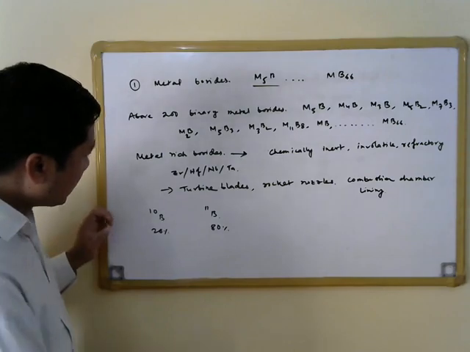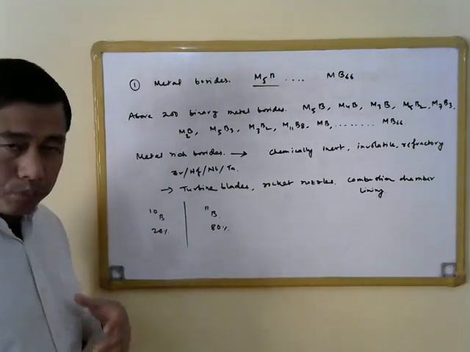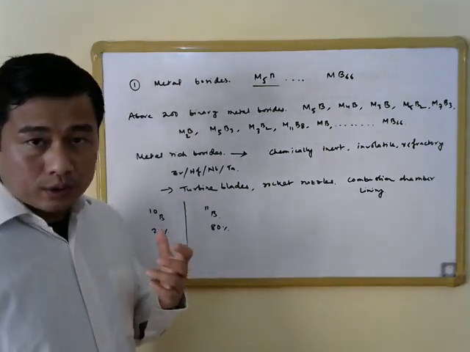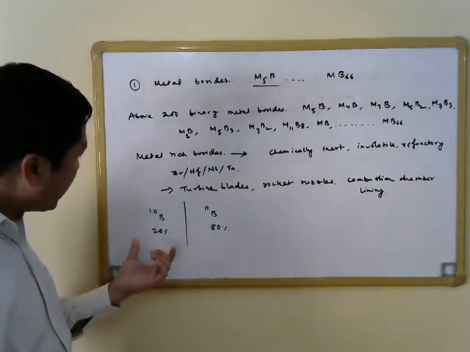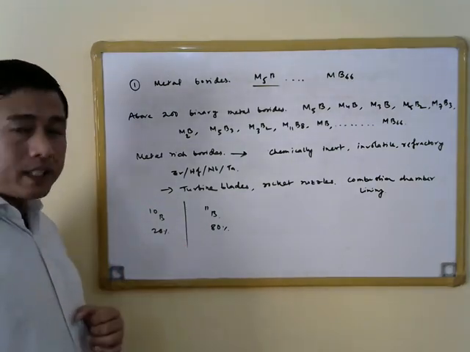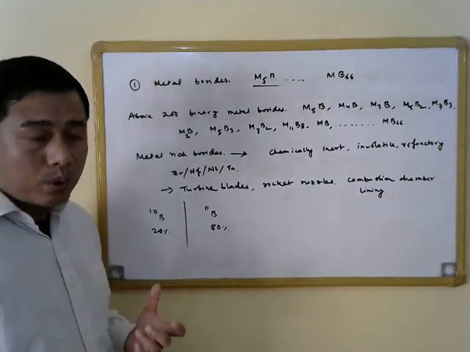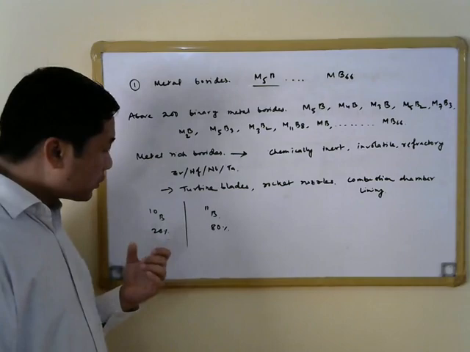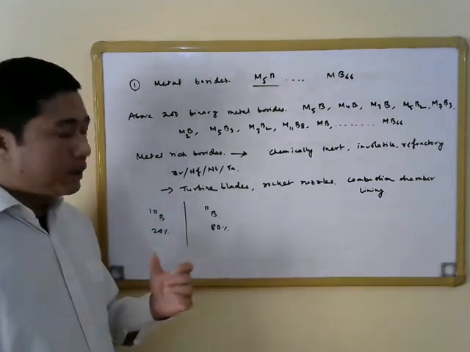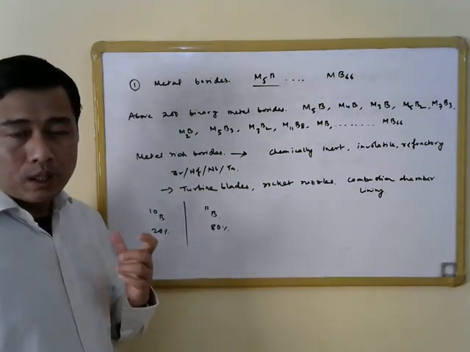Now, when we look at the absorption cross-section of these two isotopes, we find that the 10B isotope of boron has a considerably higher absorption cross-section compared to the 11B isotope.